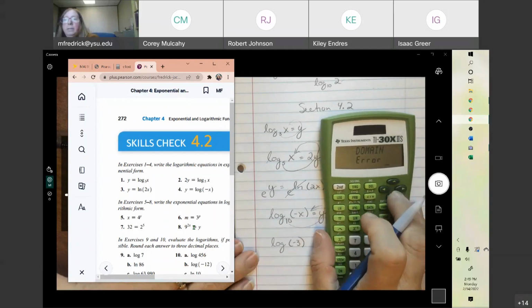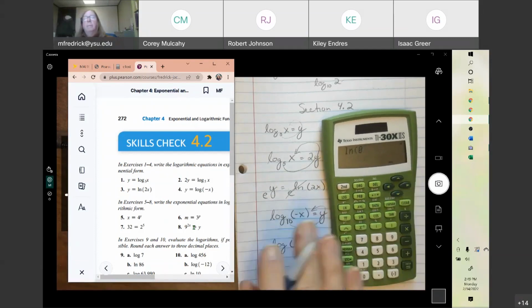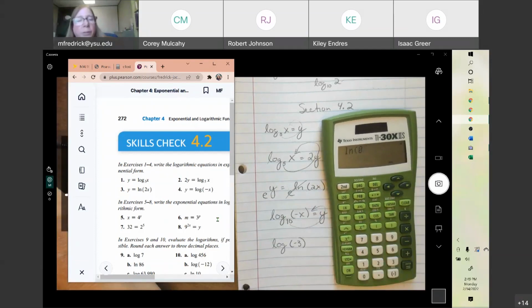So you need to be careful of that. And a lot of times what happens is you're doing your homework like 10B and you get an error and it's like, wait a minute, why? I know I'm plugging it in right. Well, you can't take the log of a negative number, so that one has no solution. And they do plug those in there. So be careful of that.